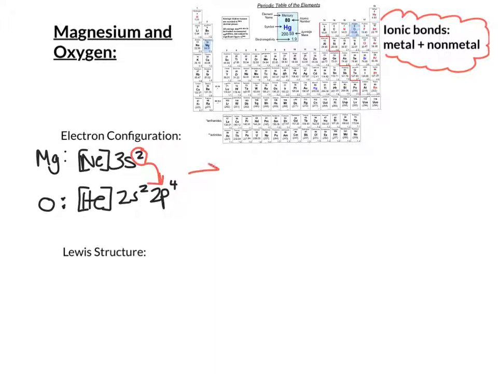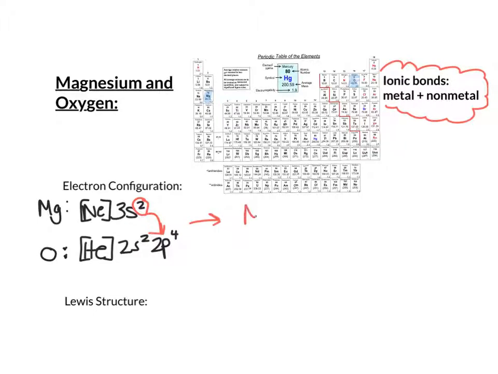And what we get is magnesium with a 2+ charge, because it's now lost 2 electrons, and it just lost the 3s2, so its configuration is simply neon in brackets.